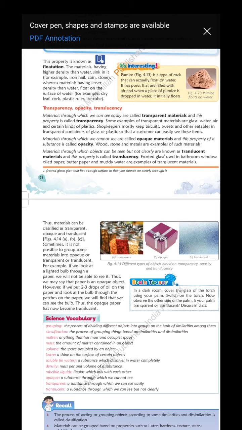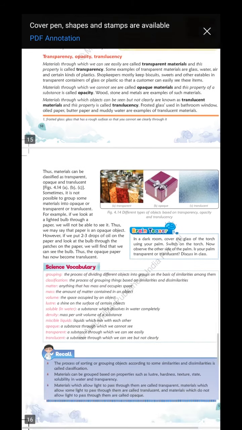Translucent means oily paper and some glass materials. We can see outside a little, not completely, not clearly. If we pour some oil on a paper and after drying observe through it, we can see objects on the other side slightly. So in that manner we can understand.